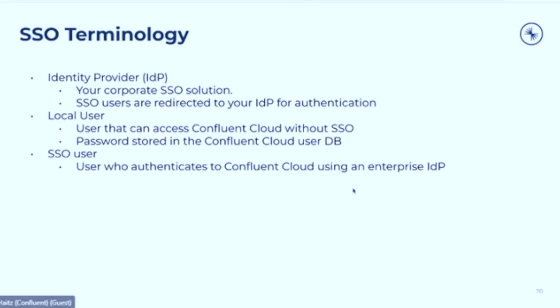From a security perspective, thinking beyond SSO and the RBAC that I mentioned, there is active work on bringing OAuth and OIDC to Confluent Cloud. This is under active development.